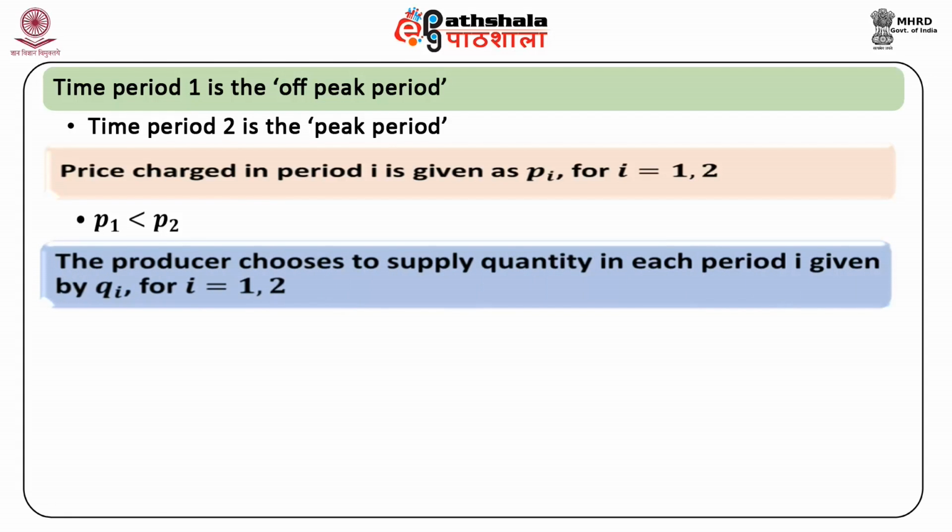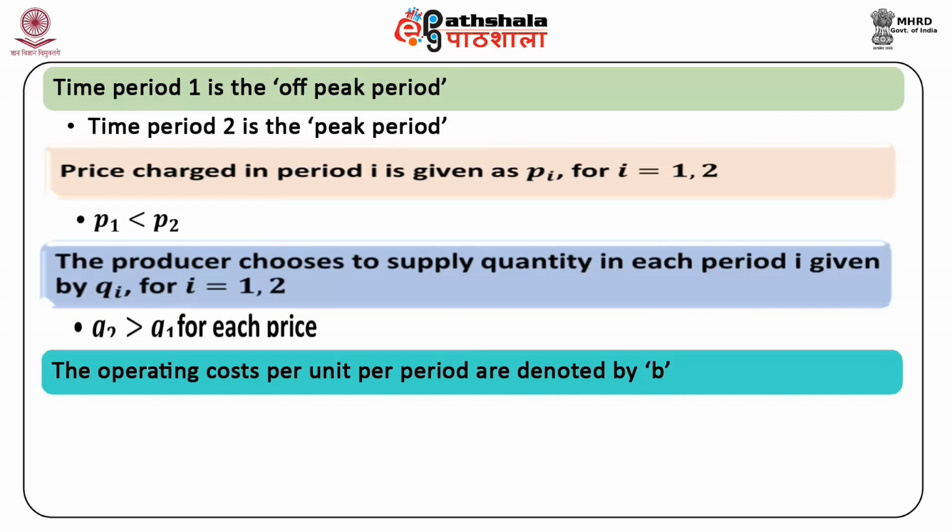The producer chooses to supply quantities in each period i given by Qi for i equal to 1 and 2. Since period 1 represents the off-peak period and period 2 the peak period, it is assumed that Q2 is greater than Q1 for each price.